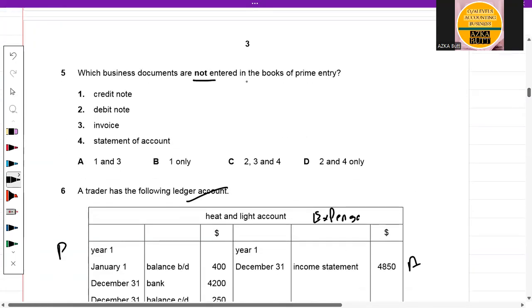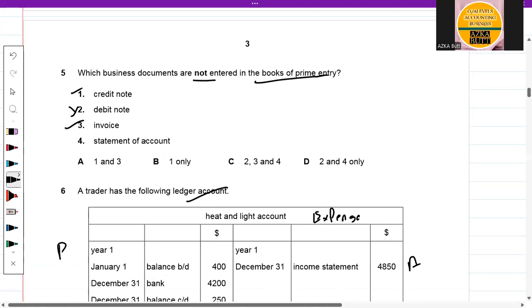Which business documents are not entered in the books of prime entry? Credit note is entered in the returns journal, like return inward or outward. Debit note has no existence. Invoice would be recorded in the sales journal.